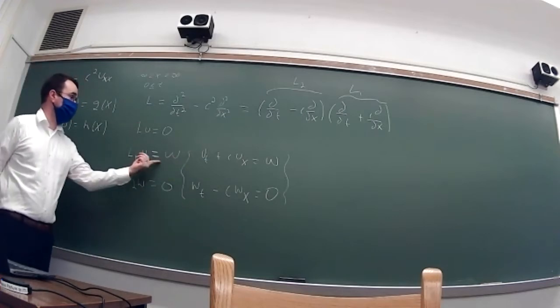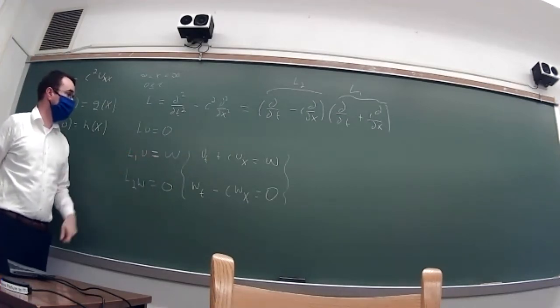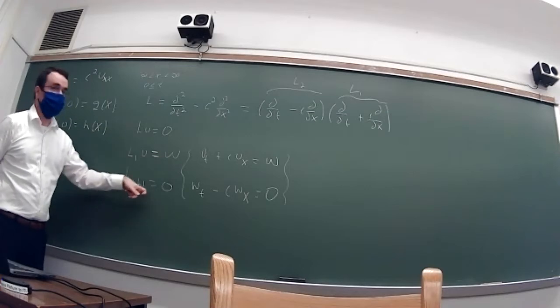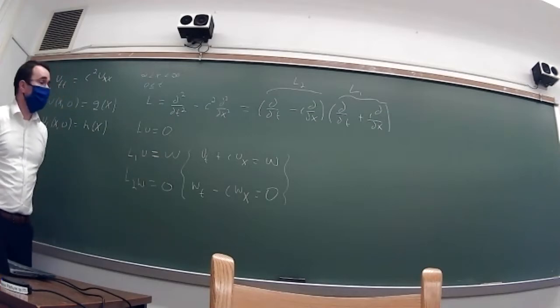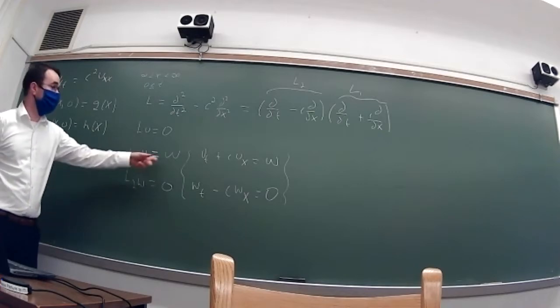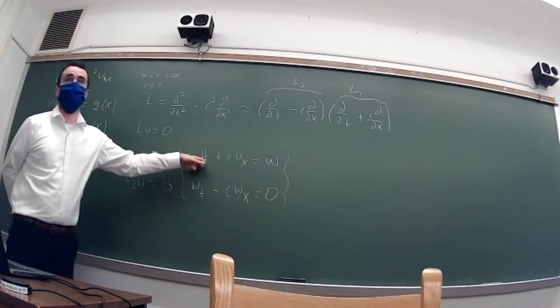But in a way, this is the defining characteristic of W, right? It's L1 of U. But you don't just want any W. You want a W that satisfies L2 of W equals 0. And you have the problem that you don't know U in advance. So if you did know U, that's W. But you don't know U, so you must solve these two equations.